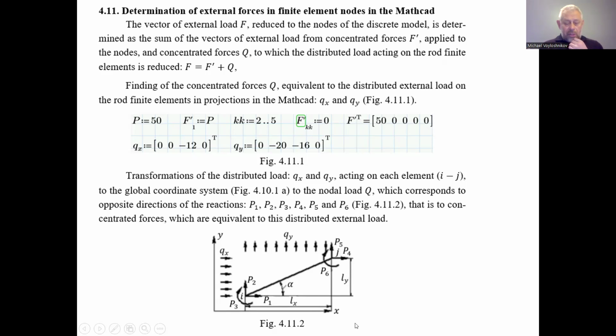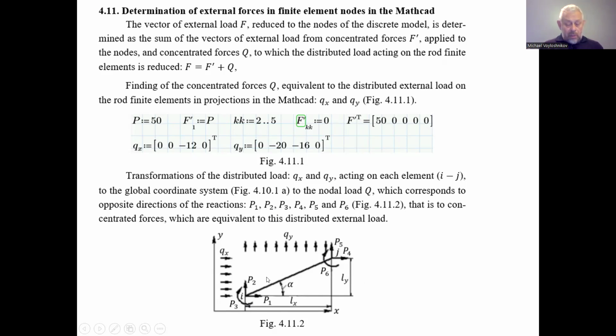This is just the general scheme of how we assume the finite element and what the forces are, the sequence of the indication of the forces and efforts, and not only forces but the moment acting on the finite element at the beginning of finite element I and the end of the finite element G.